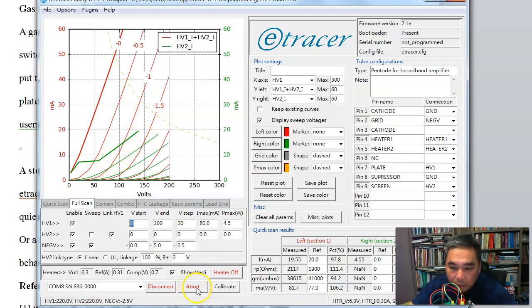Okay, we don't need to run a full scan here. We can probably stop here.